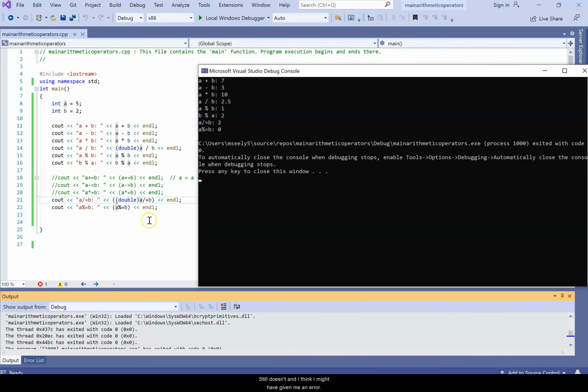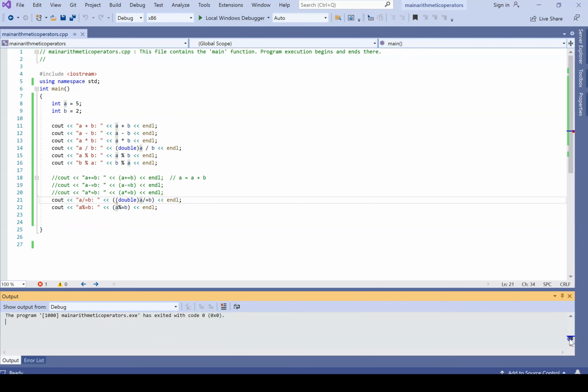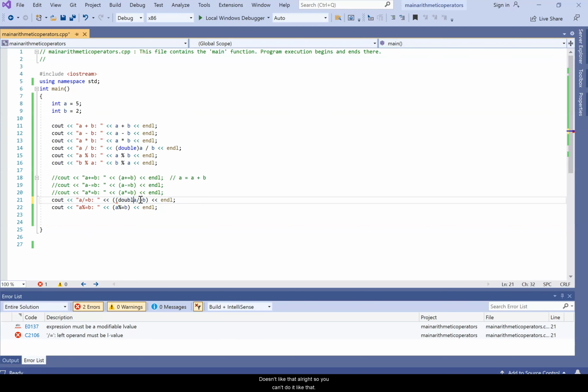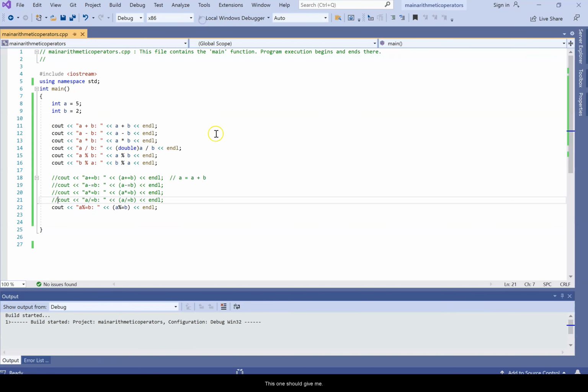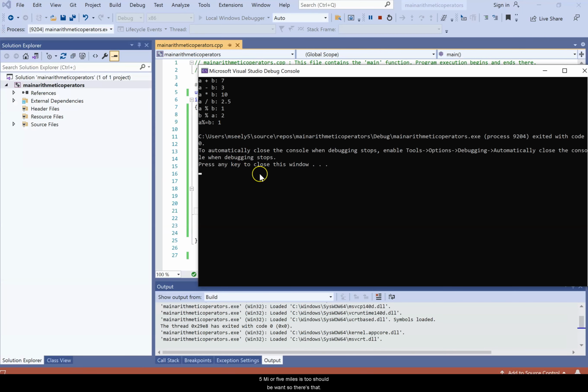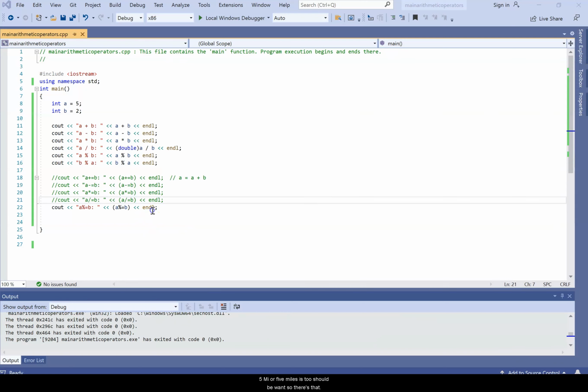Yep, still doesn't, and I think it might have given me an error. Yeah, it doesn't like that. All right, so you can't do it like that. It's fine, it's not a big deal. And this one should give me 5 modulus 2. It should be 1. So there's that.